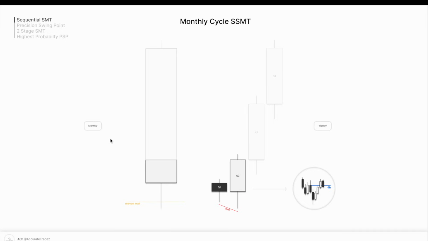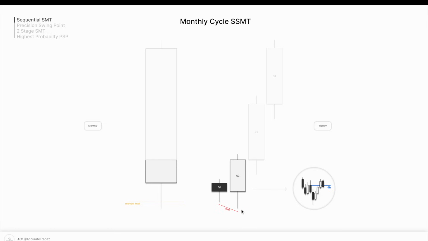Now to profile the monthly candlesticks, we know that we can use the weekly chart, essentially viewing the monthly candlesticks in 4 quarters or 4 weeks, where a sequential SMT is just the SMT between 2 consecutive quarters or 2 consecutive weeks. And it doesn't matter what quarter it is.